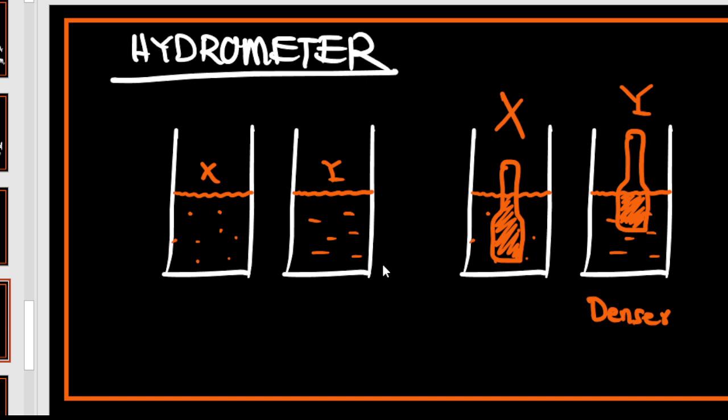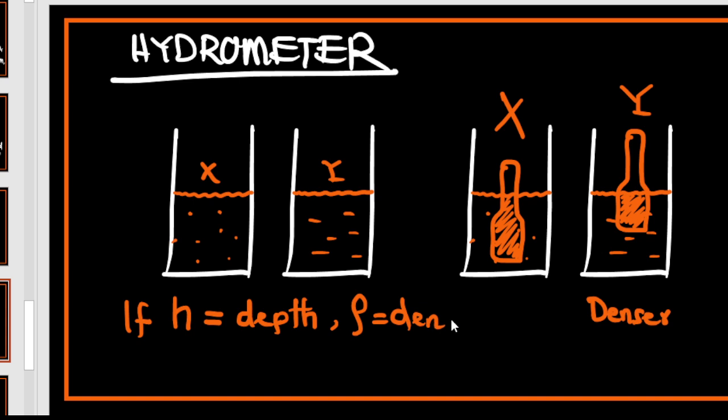So if h is equal to the depth and rho equals the density of the liquid, you should know that the depth is inversely proportional to the density.